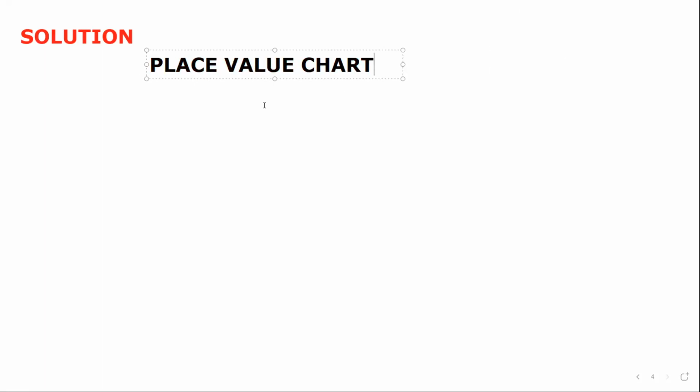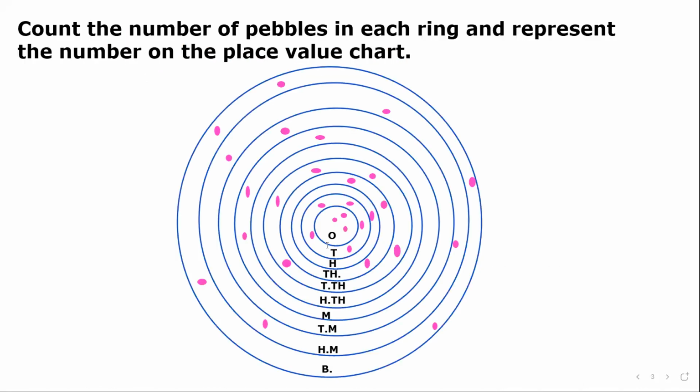Good. So let me construct, but before then you need to count the number of rings so that it will have an impact on the table that you're going to construct. You can't just construct any table just like that. So here you check the number of rings here. So let's count the number of rings. 1, 2, 3, 4, 5, 6, 7, 8, 9, 10.